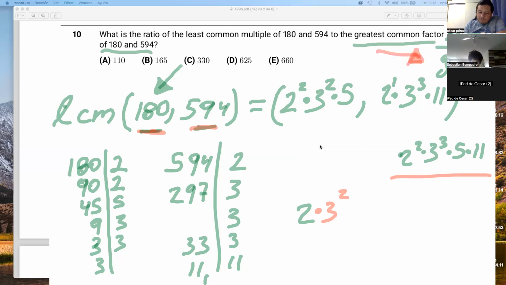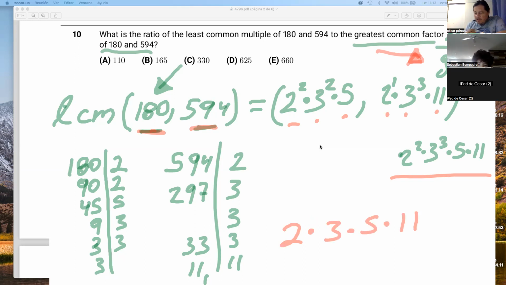So if we want to find the greatest common factor, we are going to see the numbers. We can have a 2, a 3, a 5, or an 11.